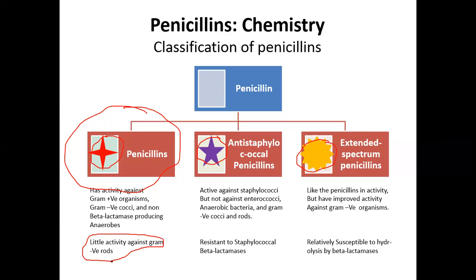So when we talk about Escherichia coli, Campylobacter, Enterobacter, Shigella, Salmonella, Klebsiella pneumoniae, Proteus mirabilis, Proteus vulgaris. If you talk about those types of organisms, then you would say, no, these drugs are unlikely to work against these organisms.